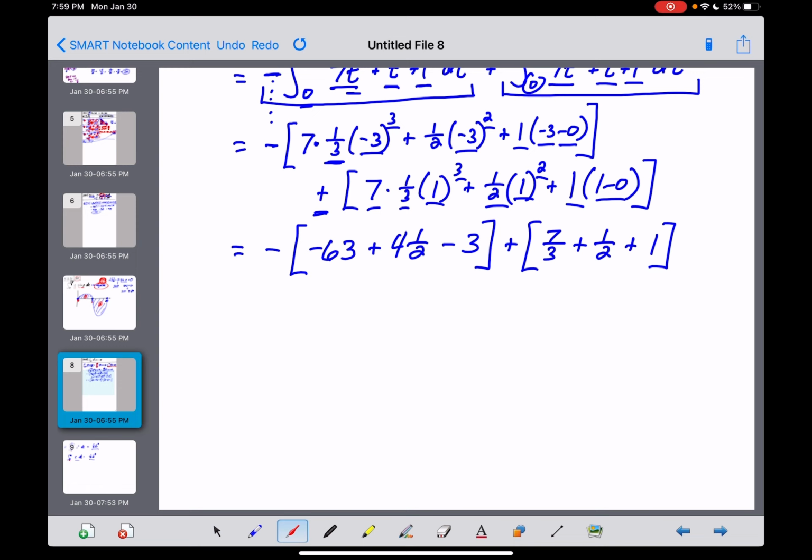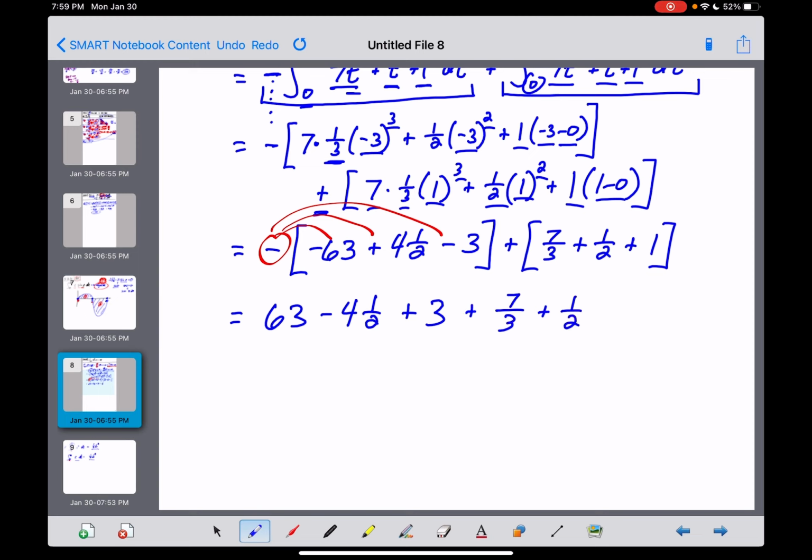Silly as it seems, I don't want to goof this up. I'm going to distribute that negative in here and get a positive 63 minus 4.5 plus 3, and then I can just leave off the brackets right here, plus 7/3 plus 1/2 and a plus 1.